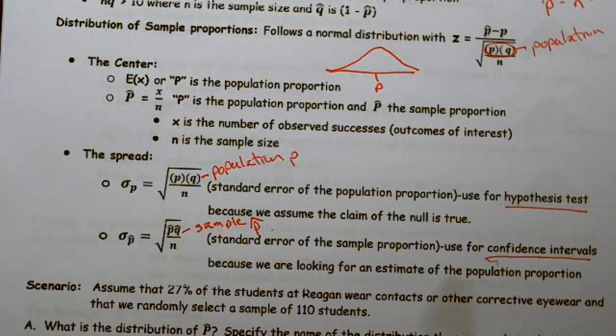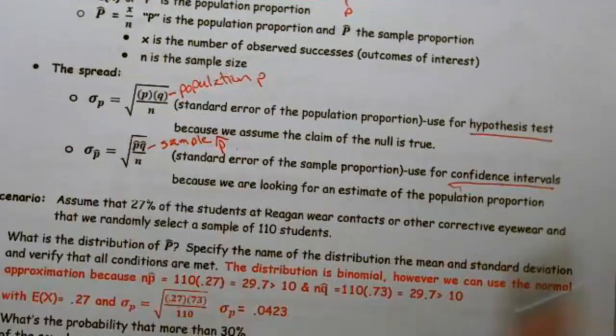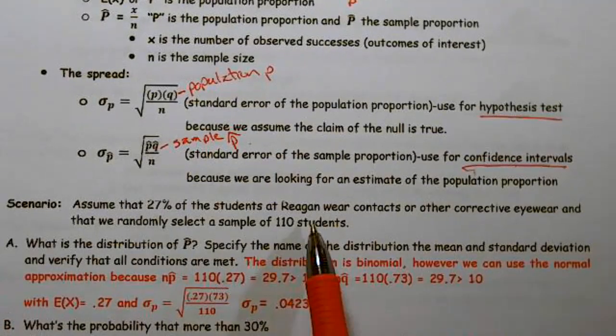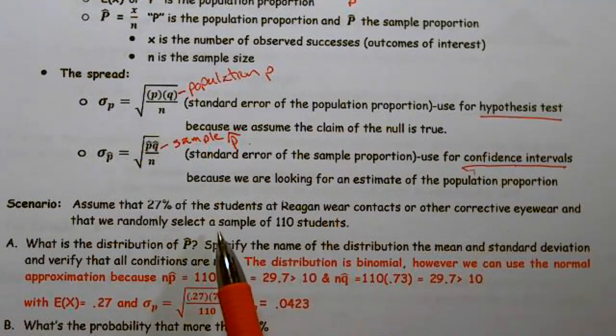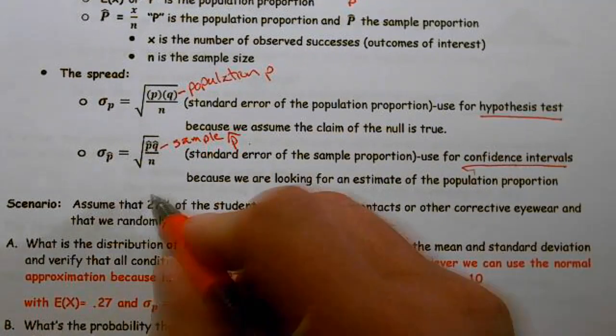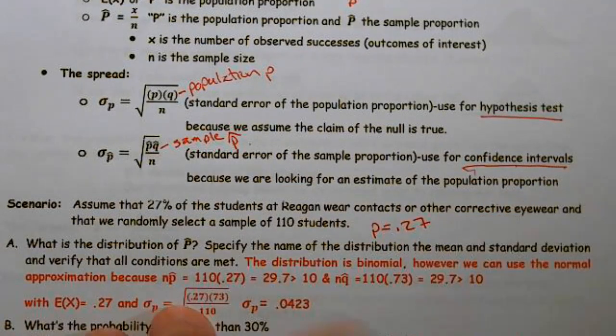All right, so let's try it out real quickly. Assume that 27% of the students at Reagan wear contacts or other corrective eyewear, and then we randomly select a sample of 110 students. So we are going to believe this, the probability is 0.27, that's the proportion.